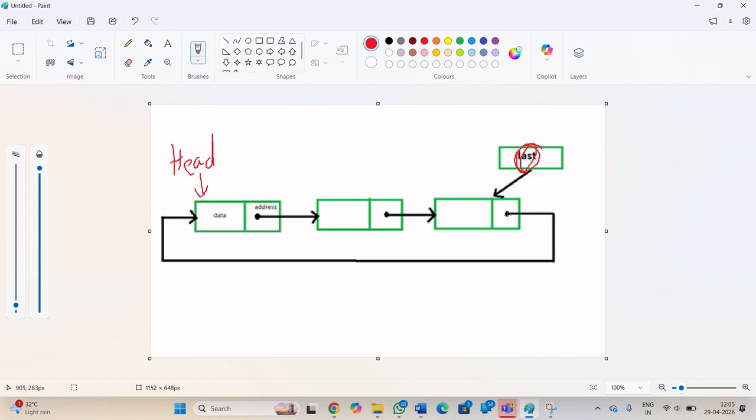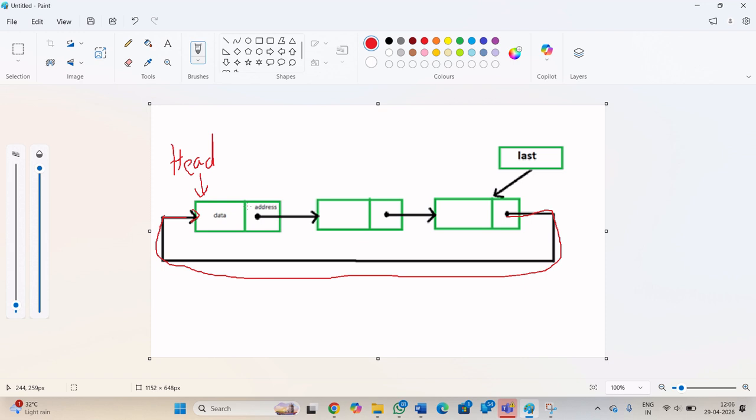So in singly linked list, what we have done, at the last node, in the next part we have the null. For singly linked list, we have the null in the next part of the last node. But in the circular linked list, the next part of the last node points to the starting of the first node, meaning the next part of the last node points to the address of the first node.